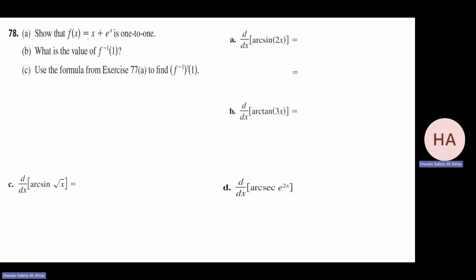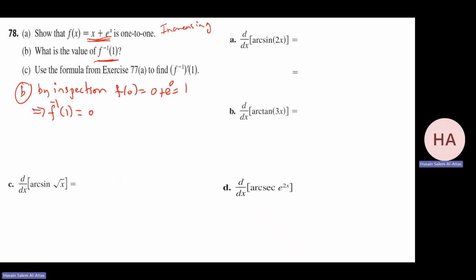These examples, actually, this is 1-to-1. It's increasing. I'll leave it for you to check that it is 1-to-1. What is the value of f inverse at 1? Also by inspection. Part B, by inspection. If you notice, f at 0 will be 0 plus a0, which is 1. So that means f inverse of 1 equals 0.